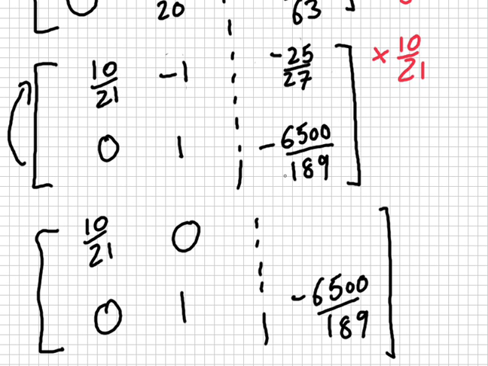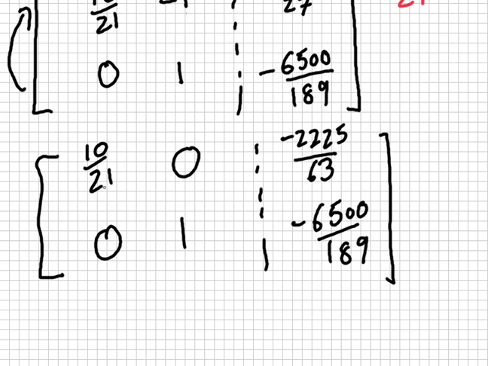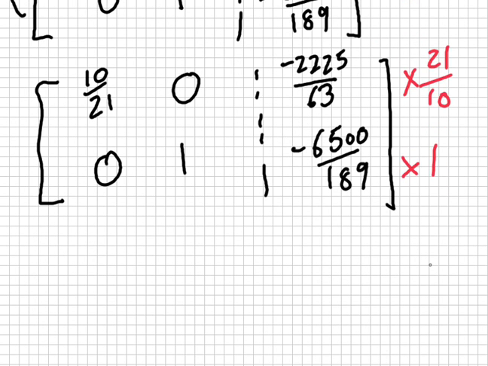Negative 2,225 over 63. Okay. And to finish, if I want to make this 1, what should I multiply by? 21 over 10. And here, 1. So I get 1, 0, 0, 1.